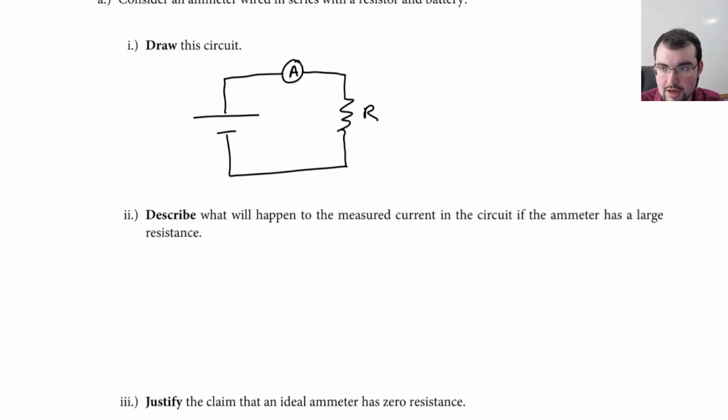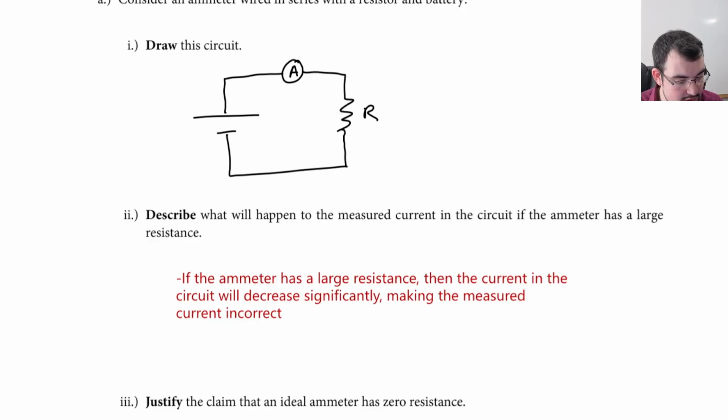Well, that's not going to be very helpful for us because we're trying to get an accurate measurement of current. If your ammeter has a lot of resistance, then the current will decrease significantly, so your measurement's not correct. Because we know in this circuit, the expected current is going to be epsilon over R. But if you add a huge R in series in the ammeter, it's going to totally throw that off.